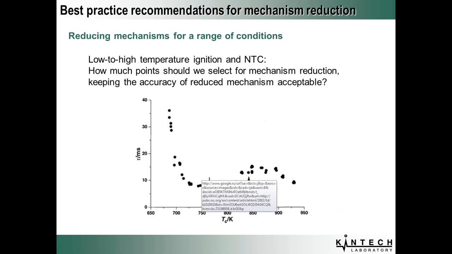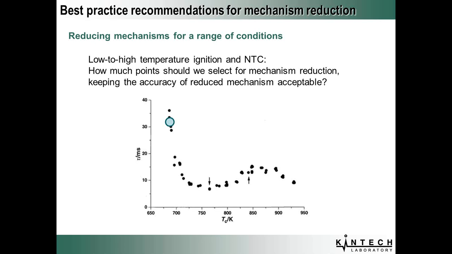The next question which we would like to address is the following. Usually you need to reduce your mechanism to work in the whole range of the conditions, not in a single point. Then, of course, you have a question: how many points do I need to select for mechanism reduction, and how do I need to generate the reduced mechanism?